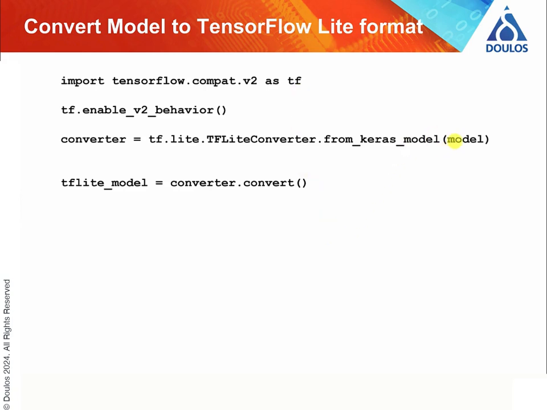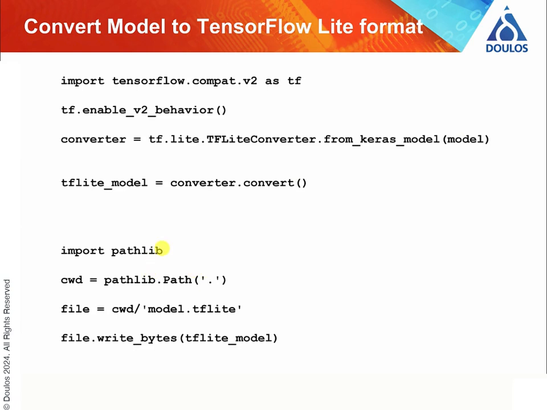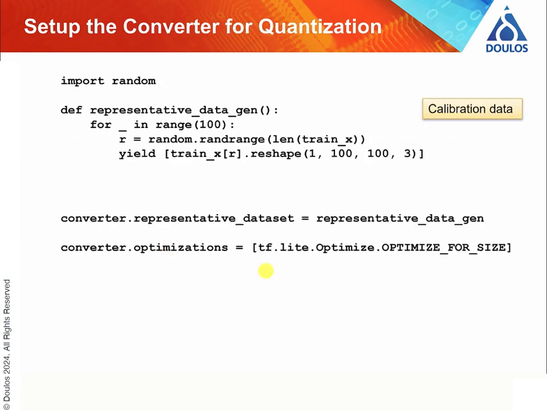Anyway, what we do is to take our compiled Keras model and convert it to TensorFlow Lite. Then we dump out our TensorFlow Lite model to disk, in this case using pathlib, which is another standard Python library. Then we can perform quantization. So quantization means converting 32-bit floating point values we used for training to 8-bit integer values that we're actually going to use for inference when our model is actually deployed on an edge device.